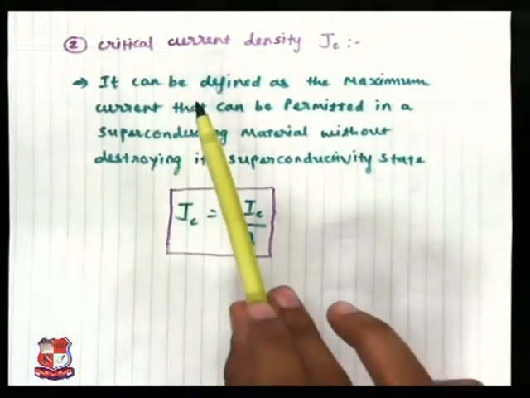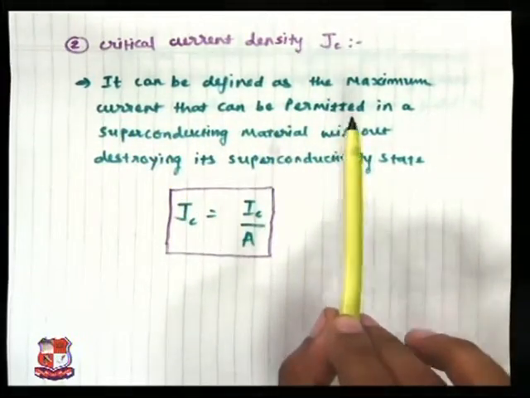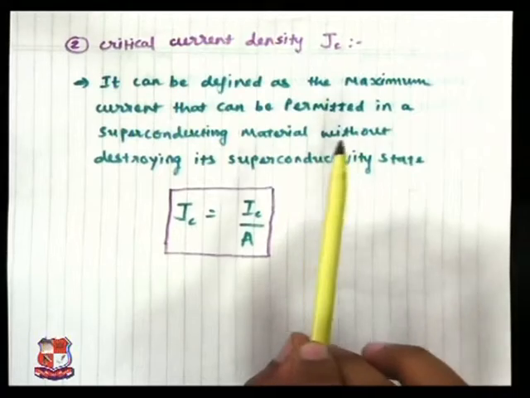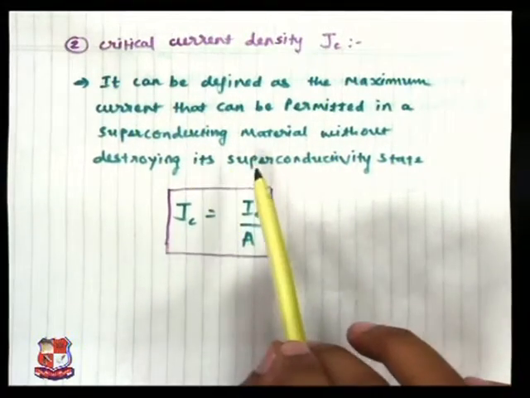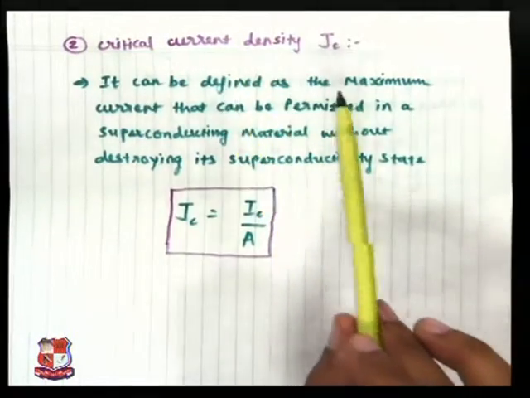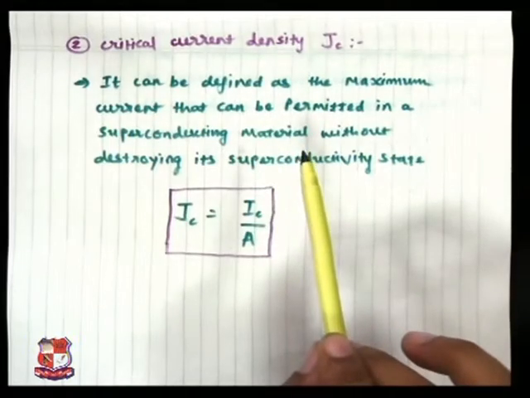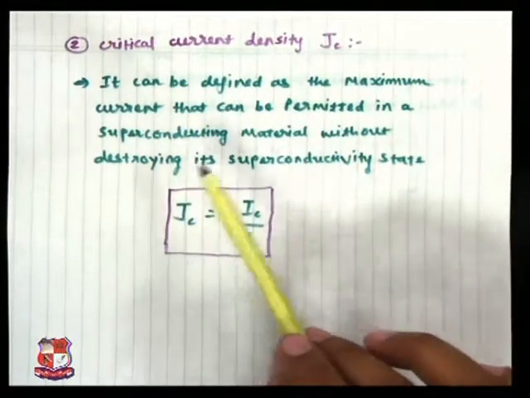It is defined as the maximum current that can be permitted in a superconducting material without destroying its superconducting state.